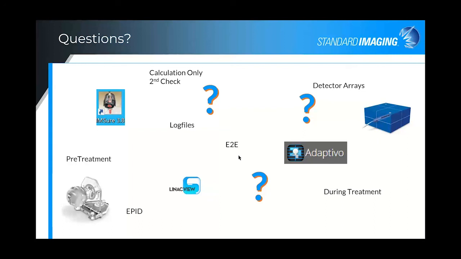And that's a really great question. And that's why I think that you can look at many different solutions in combination that can answer different questions for you. I really like the log file analysis because that really hones in on delivery differences as long as you're doing your machine QA accurately. I also like the end-to-end tests so that you can look at those deviations with some very accurate detectors at specific positions.